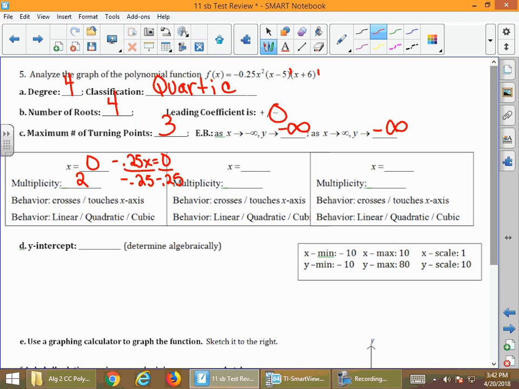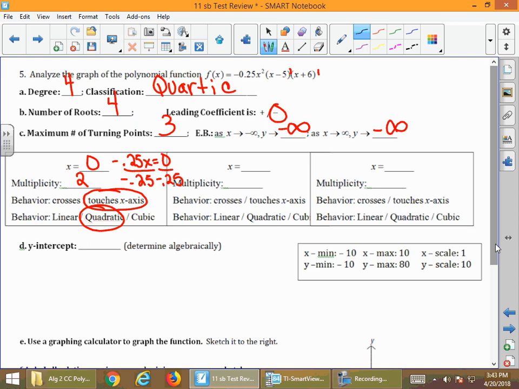So x equals 0. The exponent is the multiplicity here, and because 2 is an even number, that means that we touch the x-axis. And then if something is to the second power, is it linear, is it quadratic, is it cubic? Well, it's quadratic.